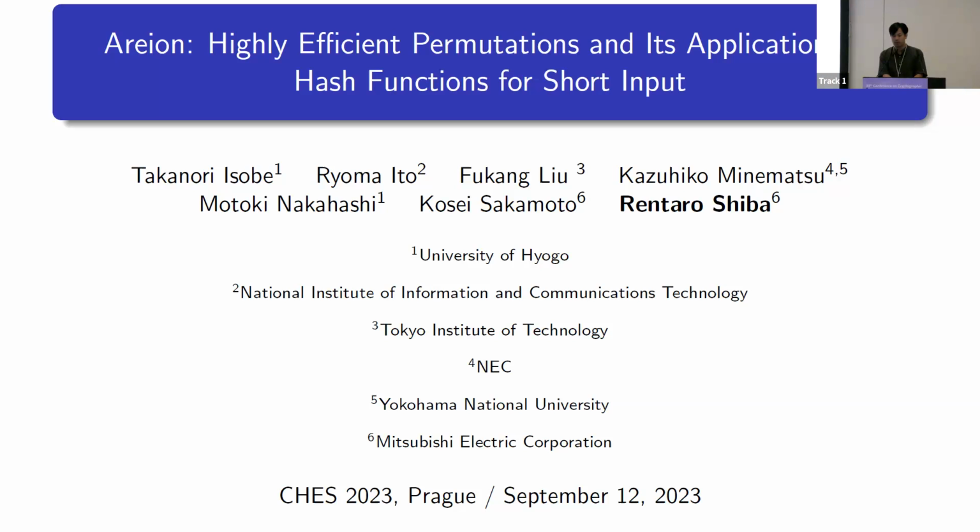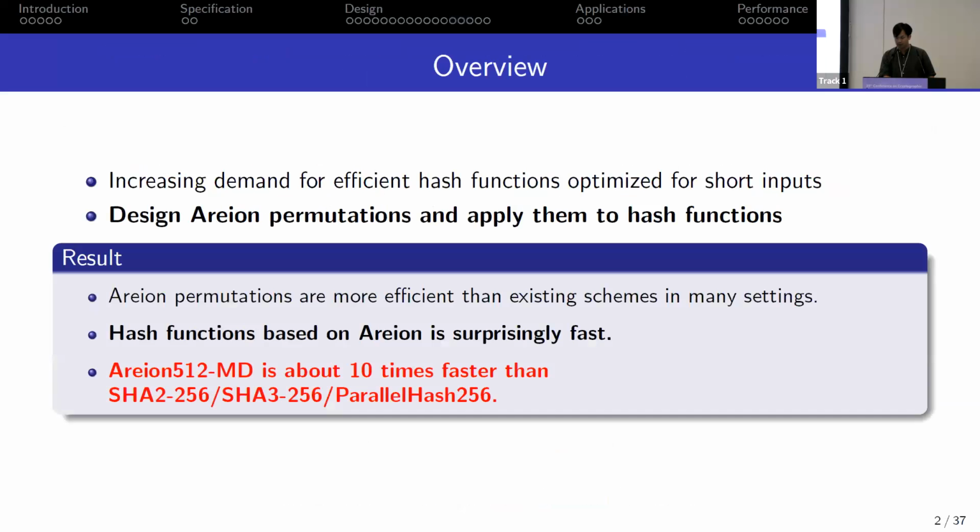This is a joint work with Takanori Isobe, Ryomaito, Ukoryu, Kazuhiko Mirimatsu, Motoki Nakahashi, and Kosei Sakamoto. I will start by giving an overview of this research. In this research, we design Areion permutations and apply them to hash functions.